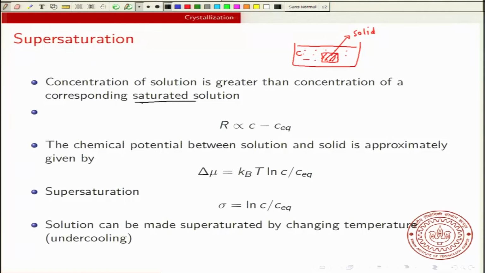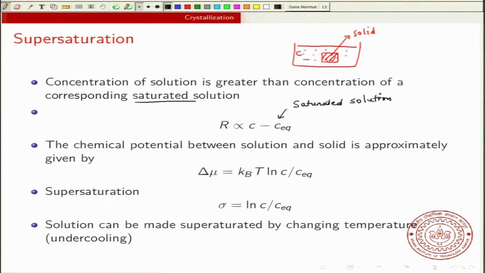So the saturated solution has a concentration of C equilibrium. This is your saturated solution. In other words, in the saturated solution your crystal and your solution are in equilibrium.